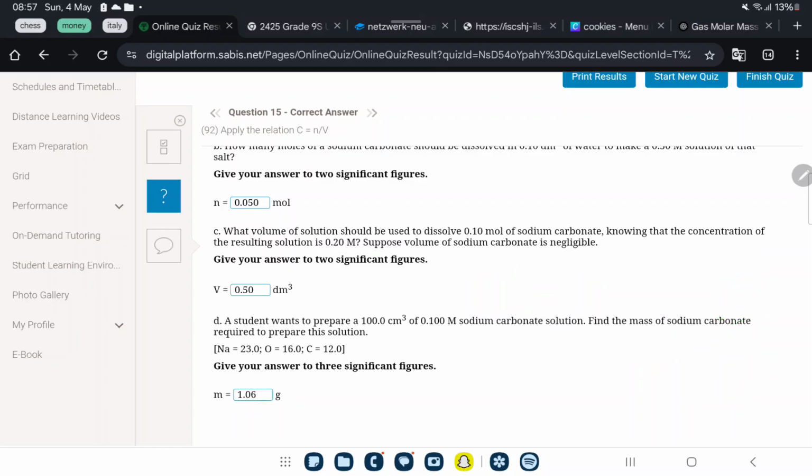And then last part, they want it in grams, not moles, so you're going to find moles and then convert to grams. 100 centimeter cubed, you want it to be decimeters, so you're going to divide by 1000, and it is 0.1, no 0.01. No, 0.1 sorry, so 0.1 decimeter cubed. 0.1 times the molarity, n equals CV.